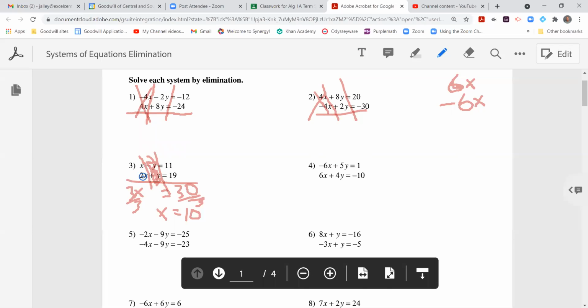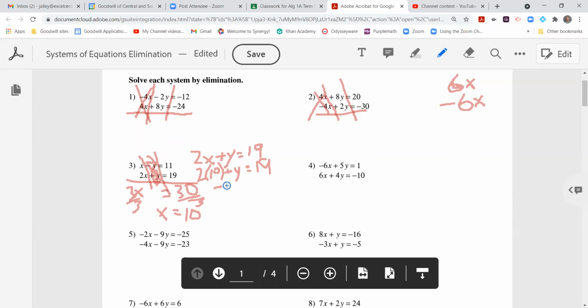So let's use the second equation: 2X plus Y equals 19. Now I already know we just solved that X equals 10. So 2 times 10 plus Y equals 19. 20 plus Y equals 19.